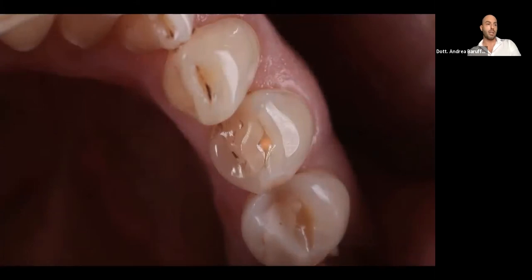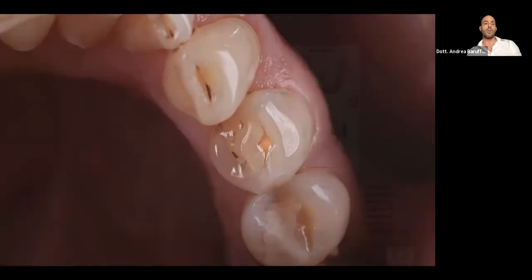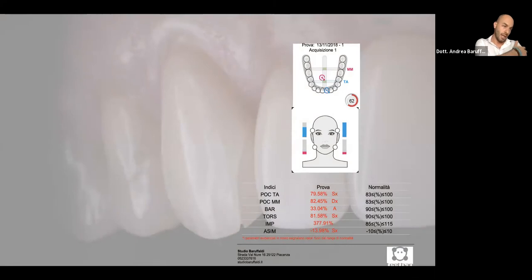She had abrasion in the posterior teeth. So we perform an exam, a titan, and this is what the exam showed us. This was a very critical condition, and by the way, she was also suffering of backache.